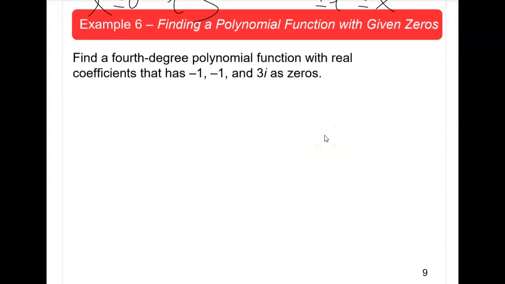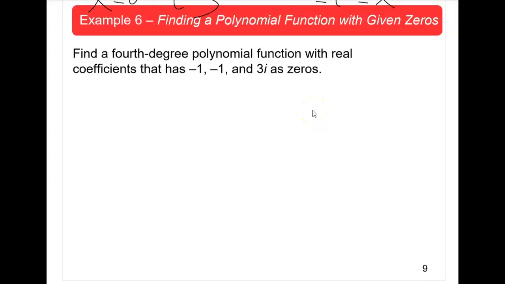Okay, so next problem. This is one of the most difficult ones from this section probably. We're asked to find a fourth degree polynomial function with real coefficients. So that means that we can apply the previous theorem, and they're giving us some of the zeros.